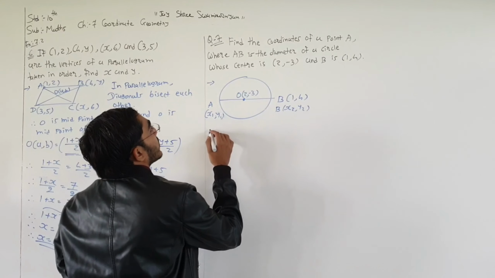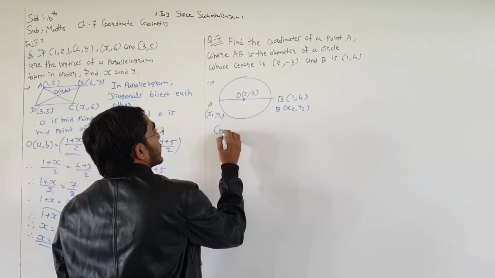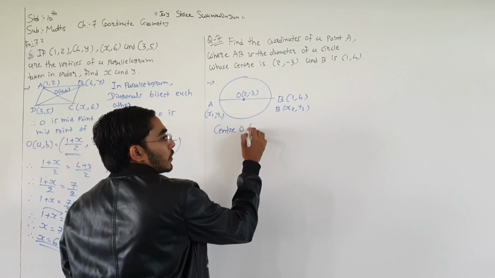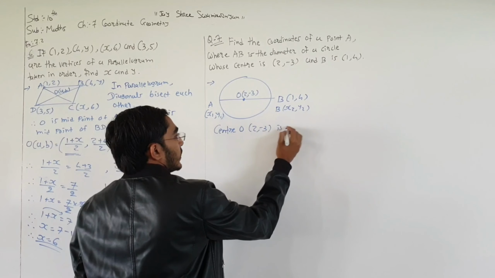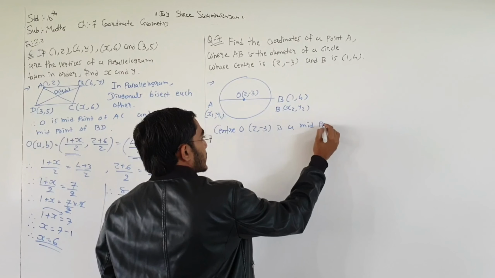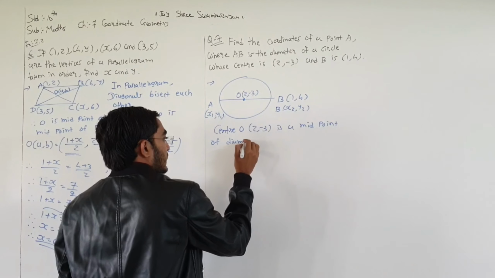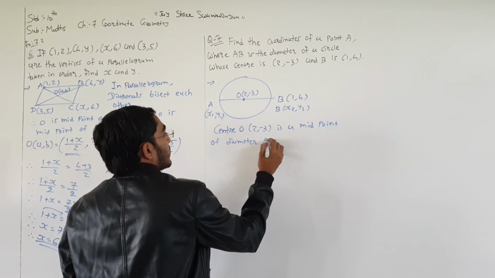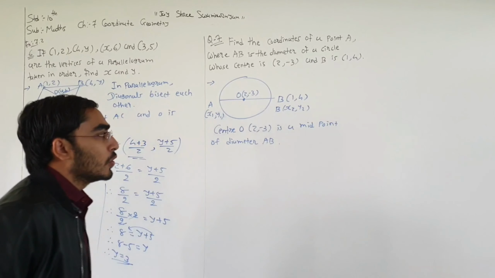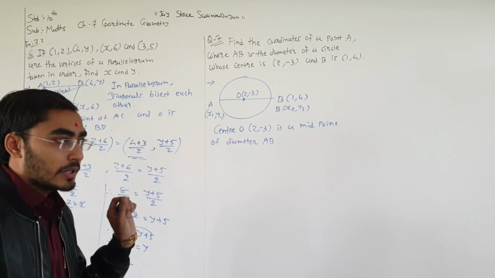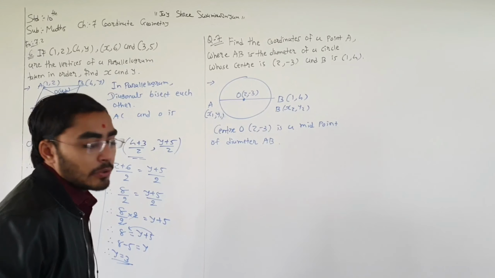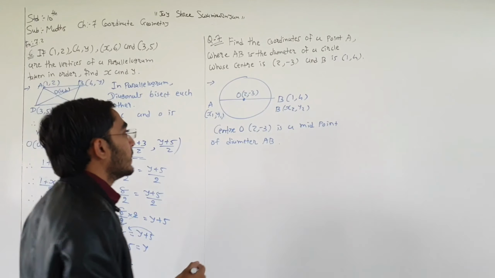Okay, so here center O (2, minus 3) is the midpoint of diameter AB. Okay, center O is the midpoint of diameter AB. So now use the midpoint formula.